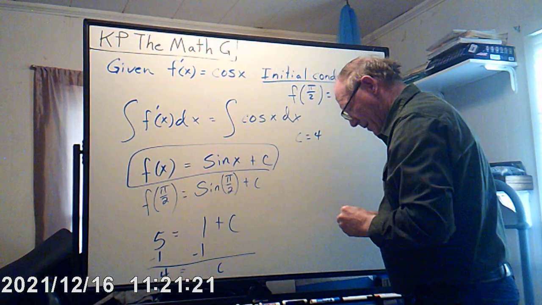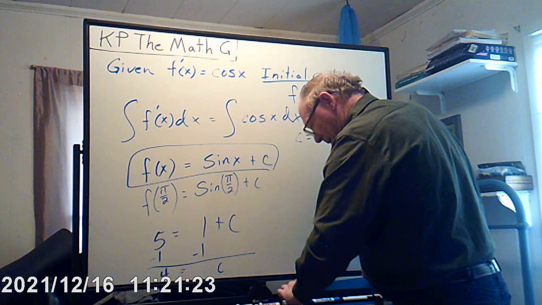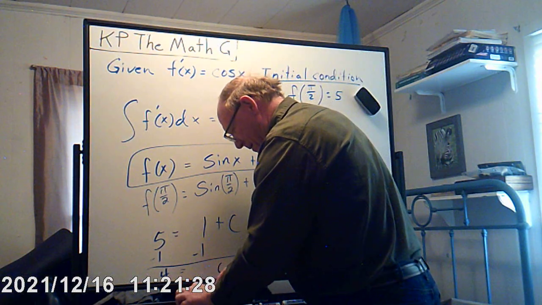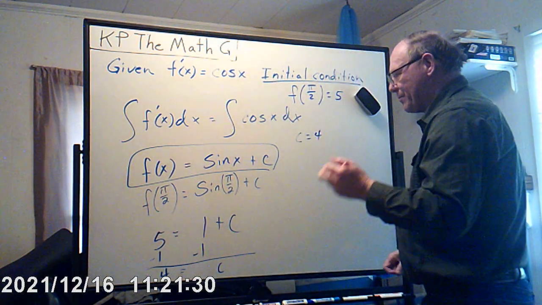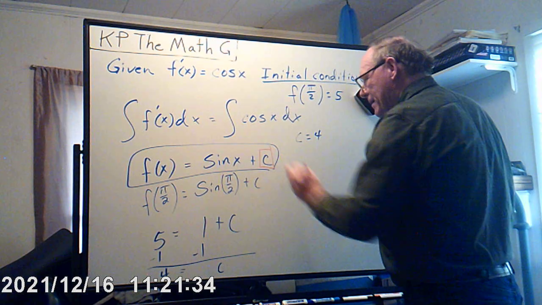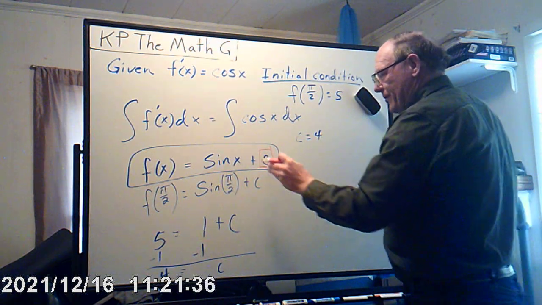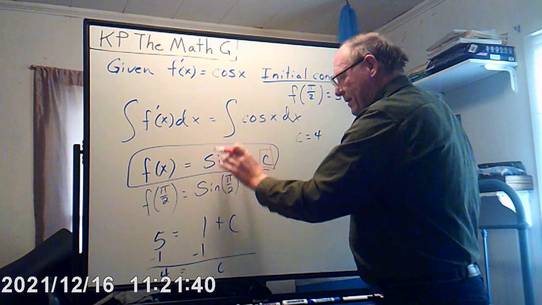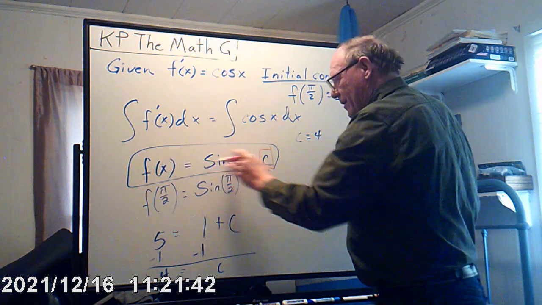Let's plug in the c right here. You don't plug in the pi over 2 again. You just leave the x's alone.